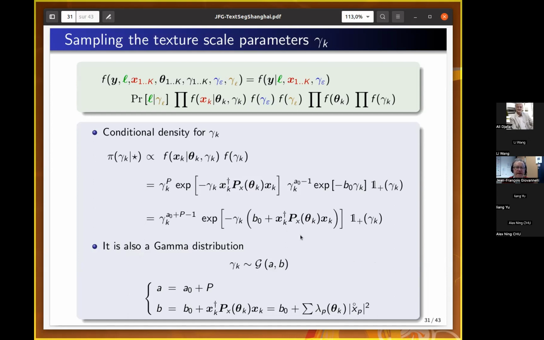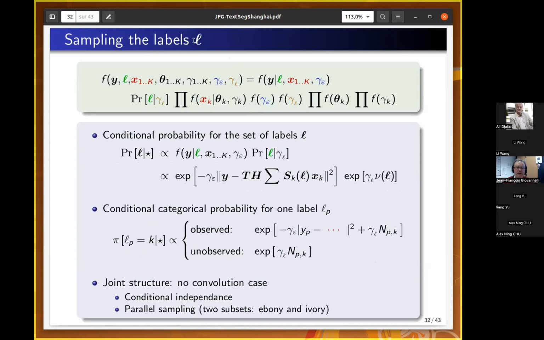Okay. Then the next one is the label. I need to sample the label under the probability density function of the label given the other ones. It is proportional to something coming from the likelihood, this one. It involves the patchwork that is built depending on the value of the label, and the Potts model. And then for one pixel P, the probability that the label takes the value K given all the other parameters and all the other labels can be easily computed.